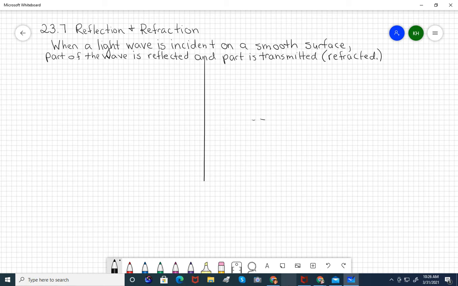So here is a perpendicular. So maybe this side is air, this side is glass, it could be water, it could be a lot of things. But we have a ray, and I probably should not have even tried to draw that first, but I'm going to. Bear with me while I work on my art skills here.